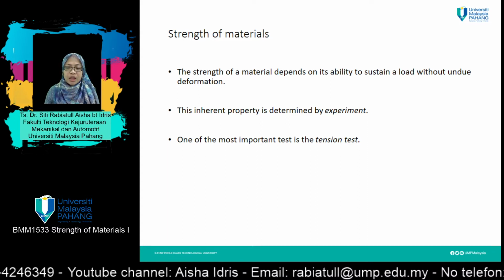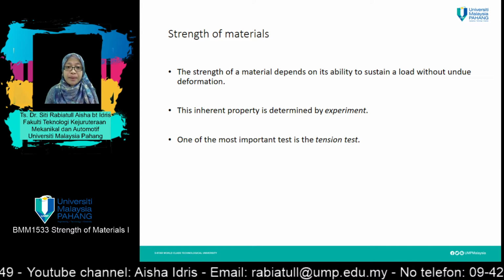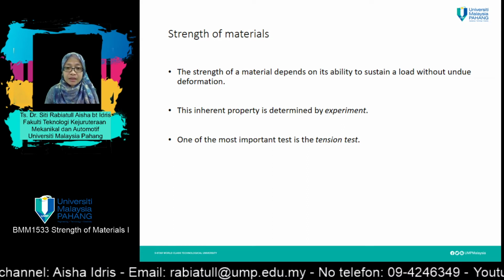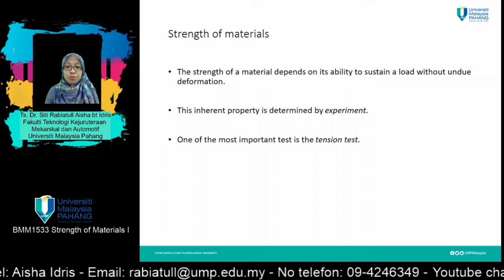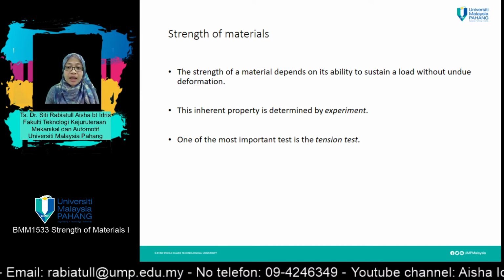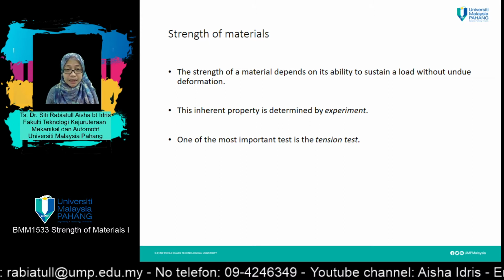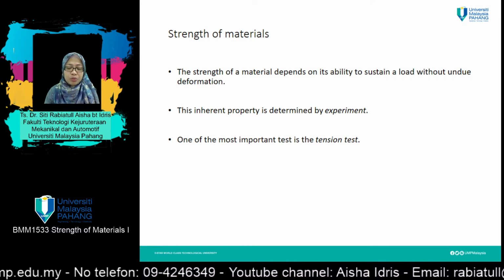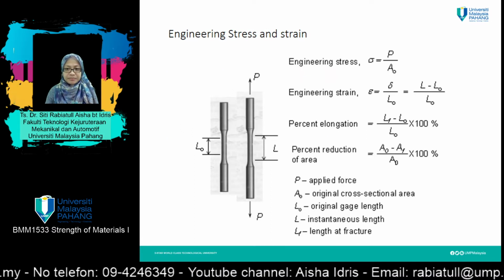And the strength of materials is calculated based on its ability to sustain the load without undue deformation, and this can be determined through an experiment, also known as the tension test.